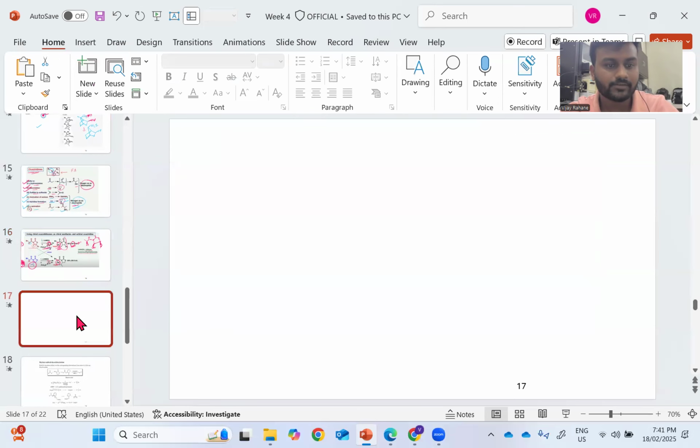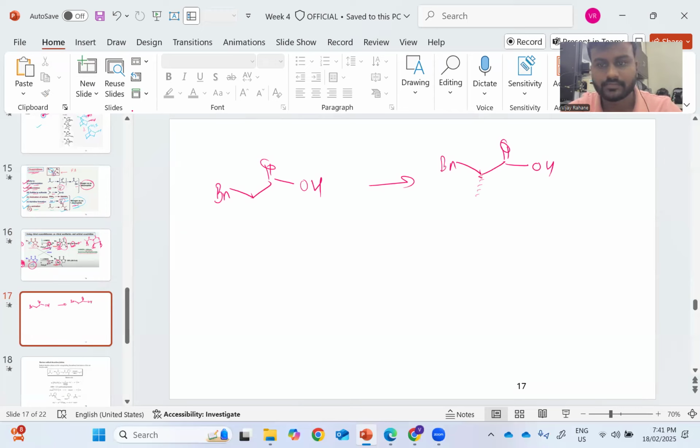So if you have this type of starting material, and from this we want to get selectively the beta hydroxy acid, then we can do that by using this type of approach.